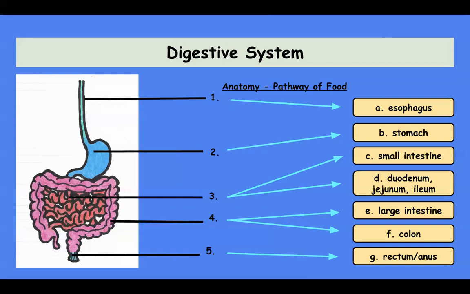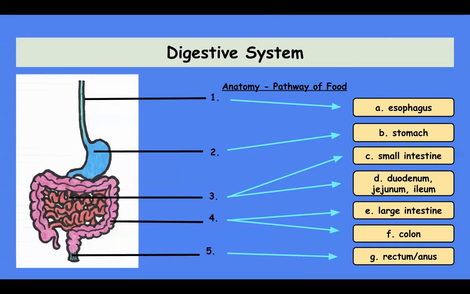So the small intestine is this group of intestines. I don't know how else to explain it, but we section them off, right? So the first part is the duodenum. Some people say duodenum, some people say duodenum, I don't know the correct pronunciation. So we have the duodenum, the jejunum, which is the middle portion, and then the ileum.